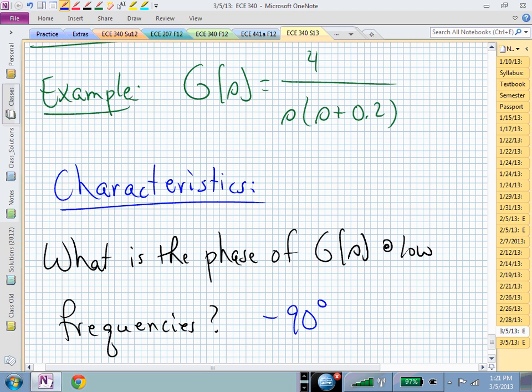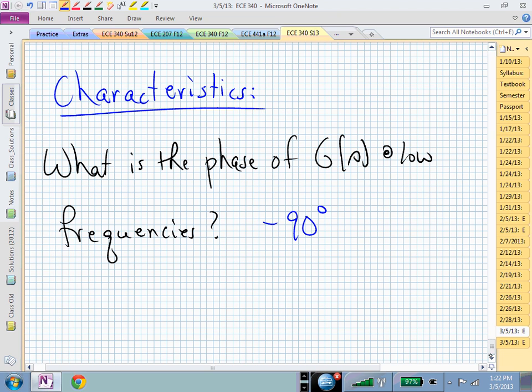What's the phase at high frequencies? Now we have two poles that have kicked in. We didn't have any zeros contributing phase, and now we have minus 180. What's that do to a signal?